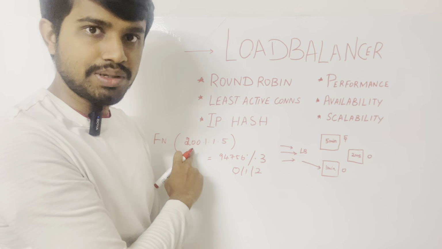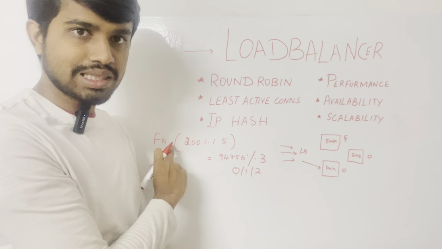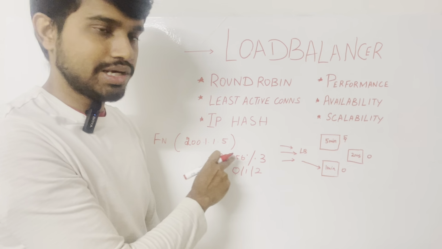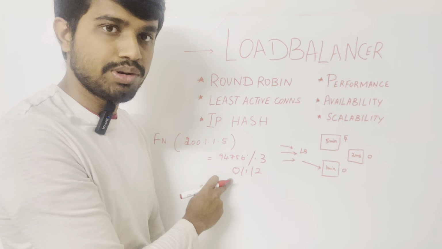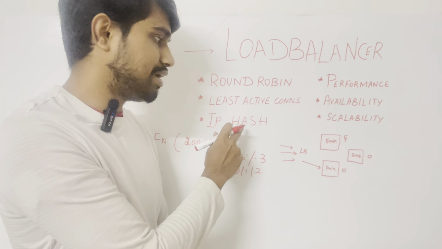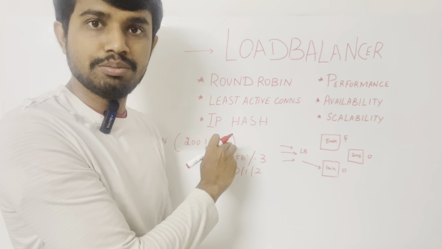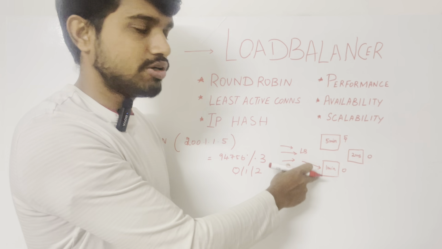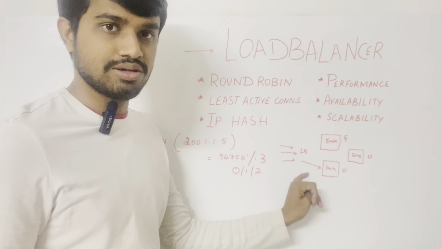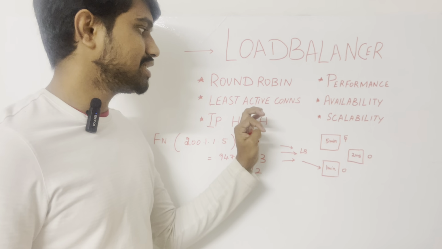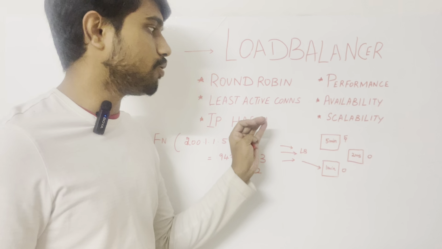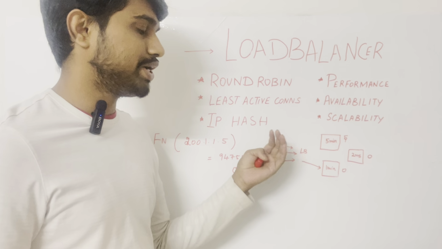Every time the IP is going to be the same, and the mathematical function is going to be the same, so you will get the same number. If you do mod 3, you will get the same number. With this, you will be able to route the request from the same user to the same server, so that you can make use of the session info in the server. So these 3 are simple ways to design the strategy for your load balancer to route the traffic.